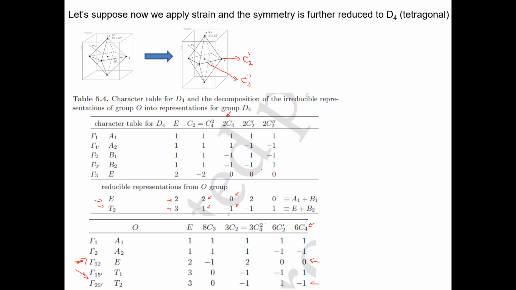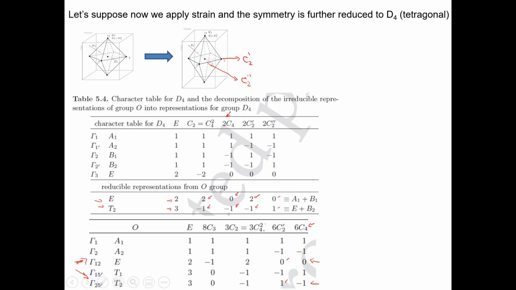So that's why I get 2 and -1 here. And for the C2 double prime, this corresponds to the C2 prime symmetry operation of the cubic group, and the characters are 0 and 1, so that's why I get 0 and 1.